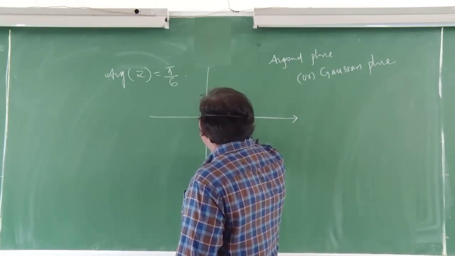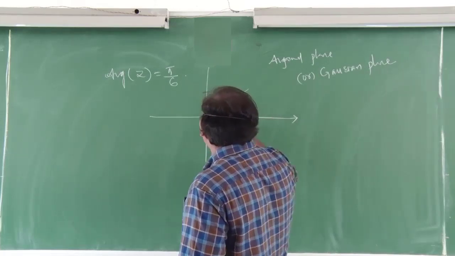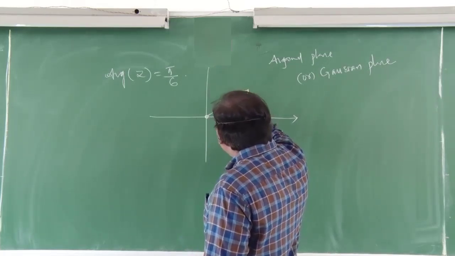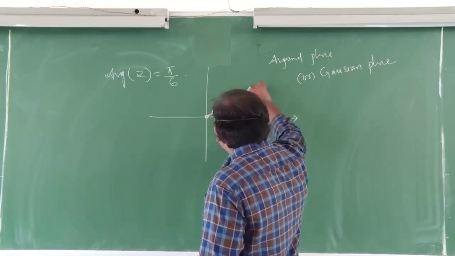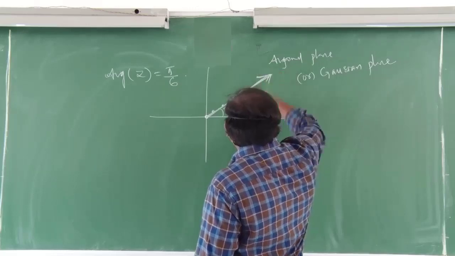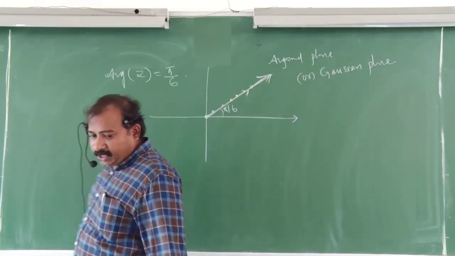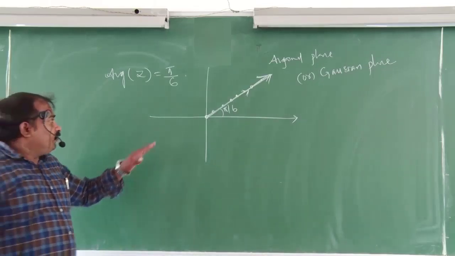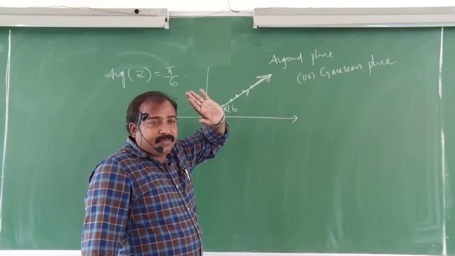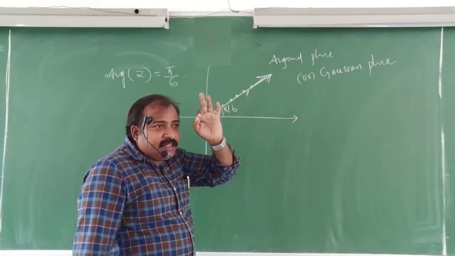Pi by 6 means this is the angle, 30 degrees. So if you take any complex number on this line, anywhere, what will the argument be? Pi by 6.